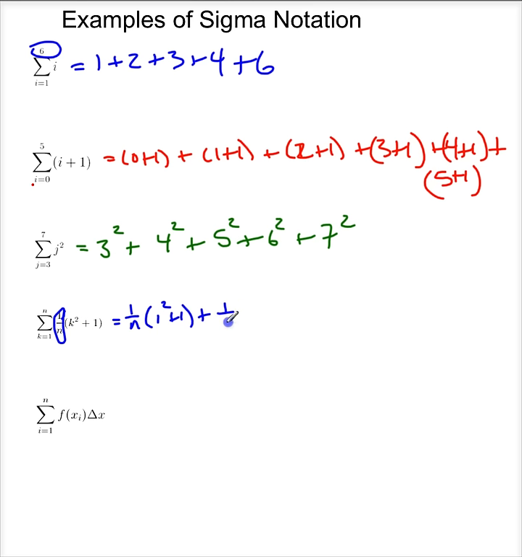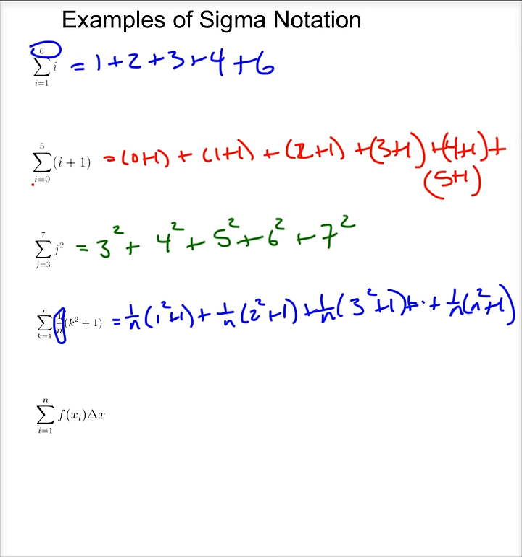So this is still 1 over n, 2 squared plus 1. 1 over n times 3 squared plus 1, and so forth, until I get to the final term, which is 1 over n times n squared plus 1.